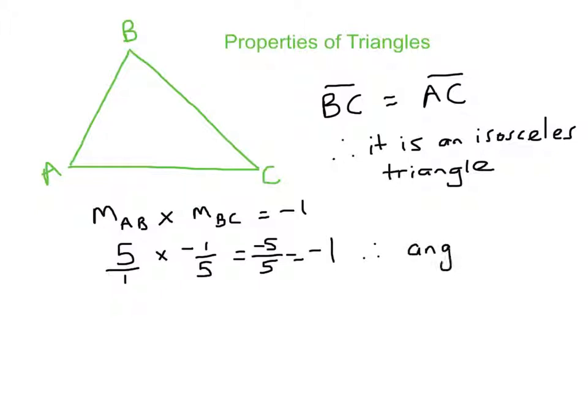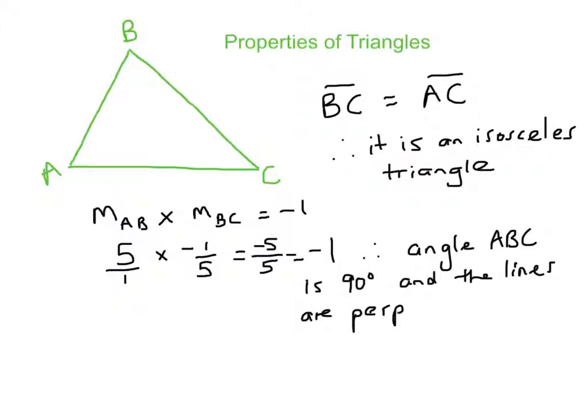Multiplied together, they equal negative 1, so therefore angle ABC is 90 degrees, and the lines are perpendicular.